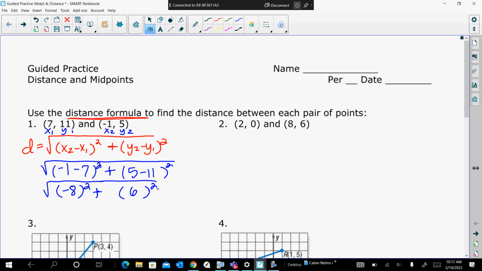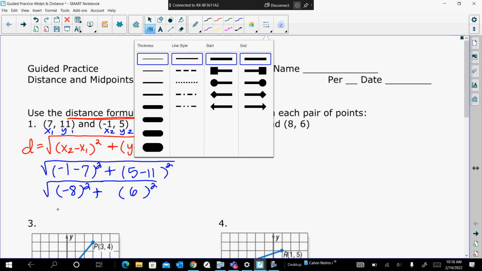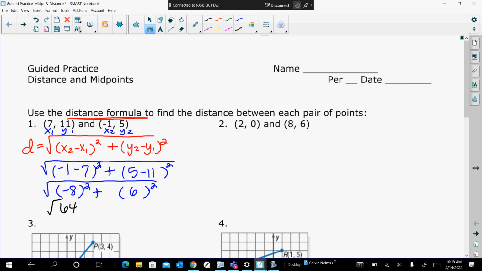So now we're squaring the -8. What does that turn into? 64. Yep, it's always a positive answer. So 64 here plus, what is 6 squared? 36. So now I'm doing 64 plus 36. What does that become? 100. So the square root of 100 equals what? 10. It's a perfect square, so that's our final answer, 10.